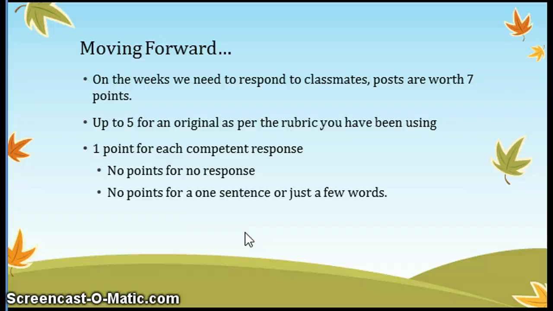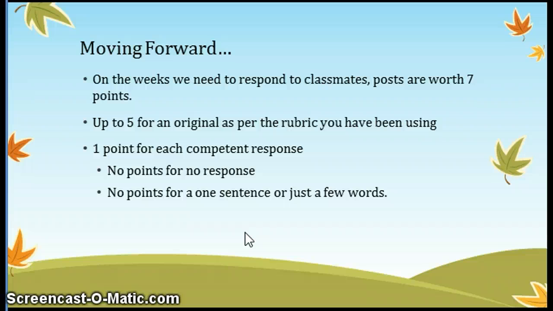Next week, we will have a post where you need to put your own up and then respond to 2 classmates, and I'm going to make that worth 7. So you can get 7 out of 7 points. This week you can only get 5 out of 5. So whatever score you see on your original post is the score you're getting in the grade book.